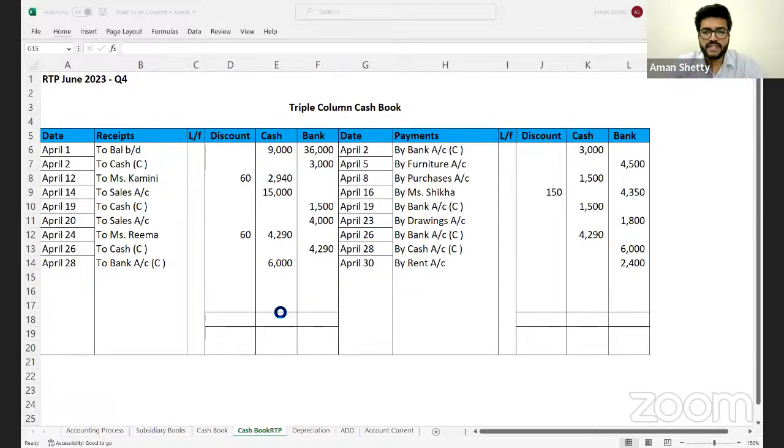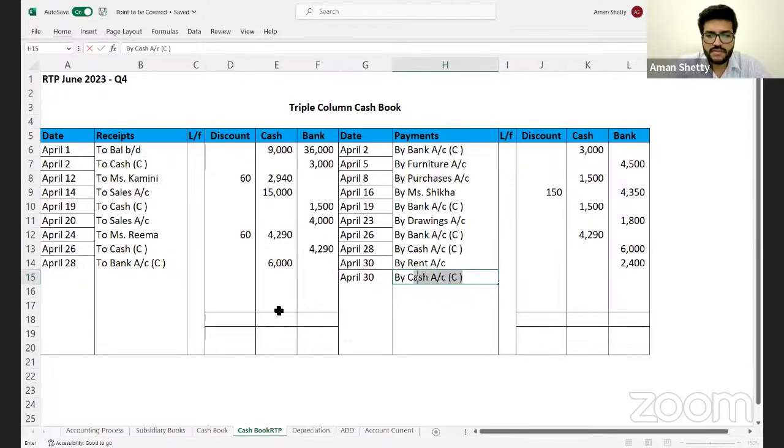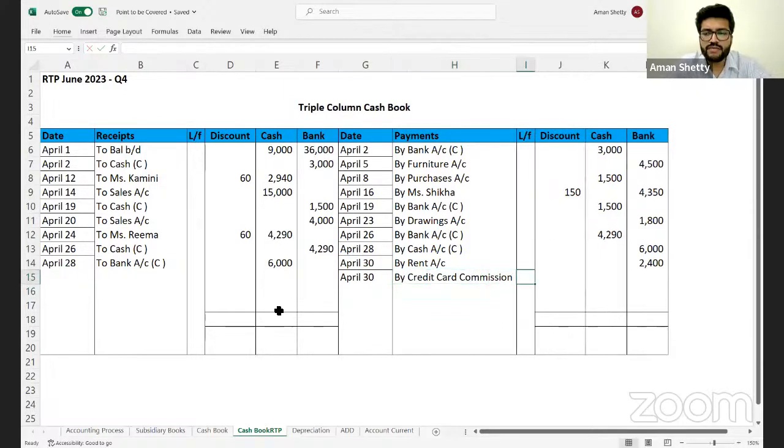So write down April 30th by credit card commission account. It is 1% of rupees 4,000, rupees 40.